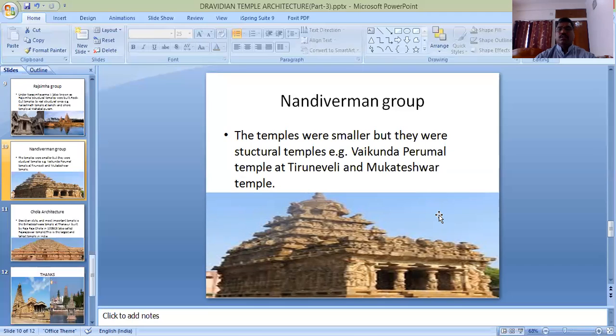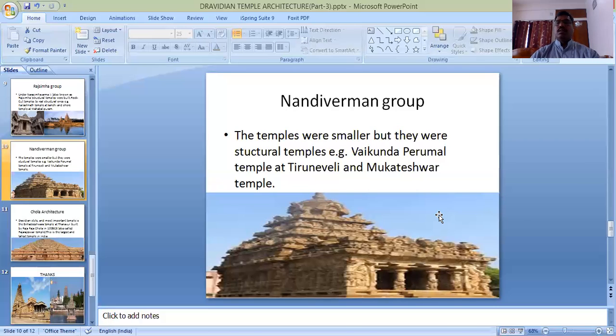That is the Vaikuntha Perumal Temple at Tiruvennali and Mukteshwar Temple, which are specified as Nandi Varman group style temples and related with the Pallava rock cut architecture or rock cut culture.